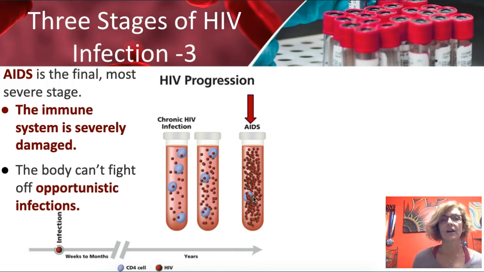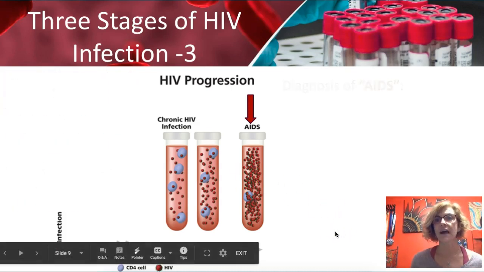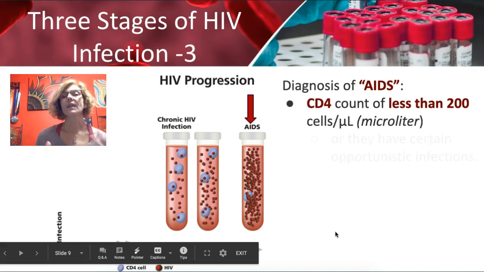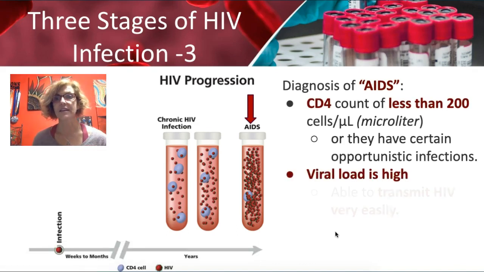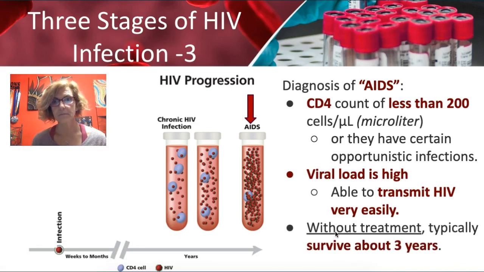Without that alert, the body will succumb to many opportunistic infections that we normally wouldn't get. Many cancers, tuberculosis, even animal diseases. Diseases that we are normally immune to, because we're losing our immunity, we are susceptible to these animal diseases.